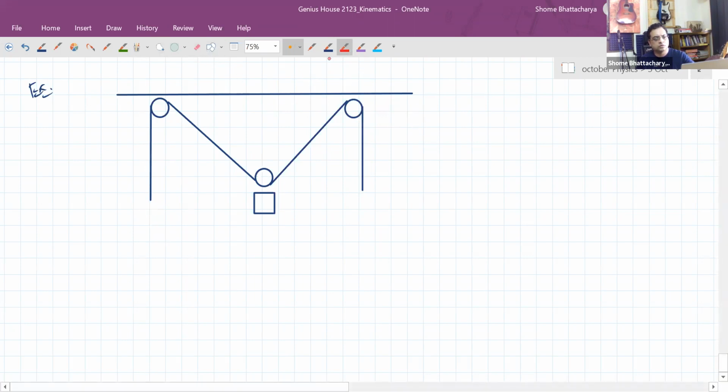Okay, now suppose what is happening here is that both these ends of these threads are being pulled down by some external agent at the same speed, V0 and V0. And this whole arrangement is made in such a way that this is symmetrical. So this angle is equal on both the sides.